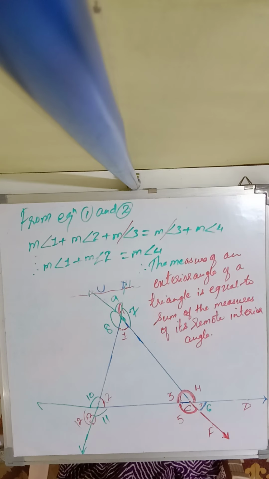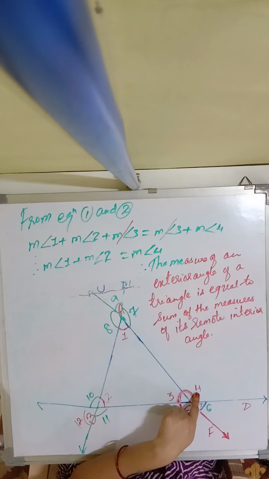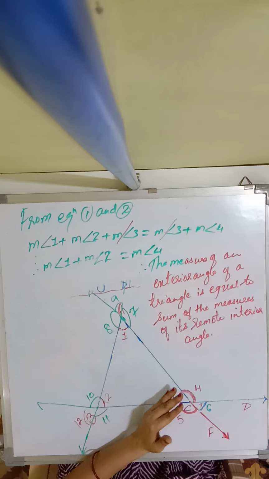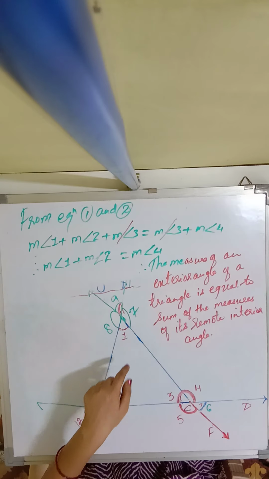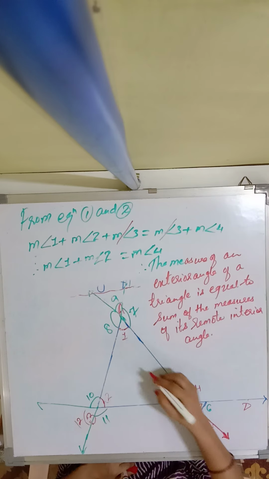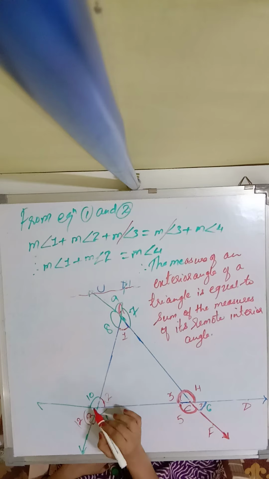Now see, children, for this exterior angle, these two interior angles are away, so they are called remote, and they are interior, so remote interior angles. Here measure angle 4 is equal to measure angle 1 plus 2.